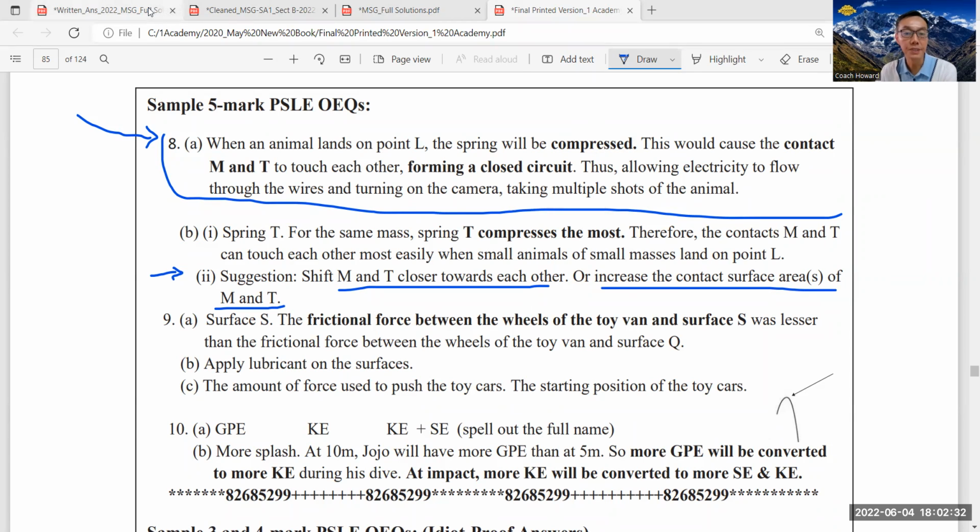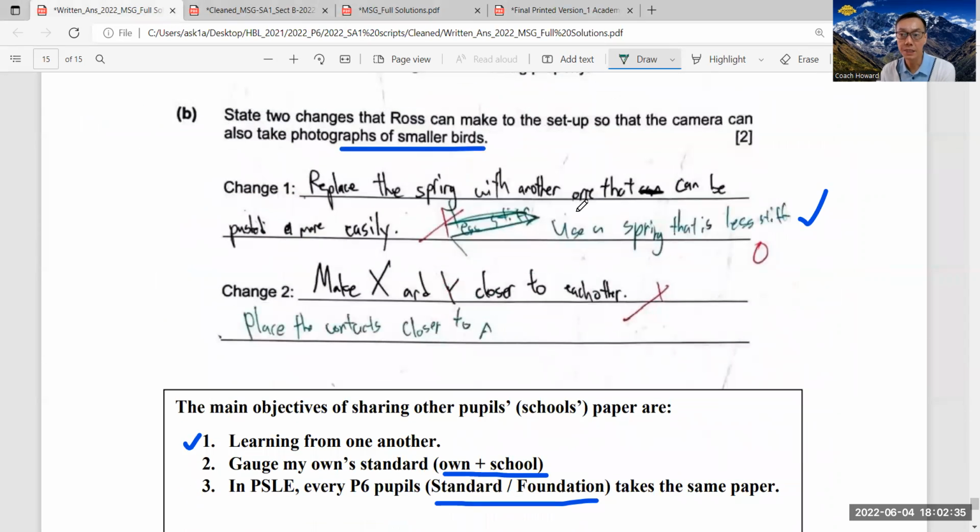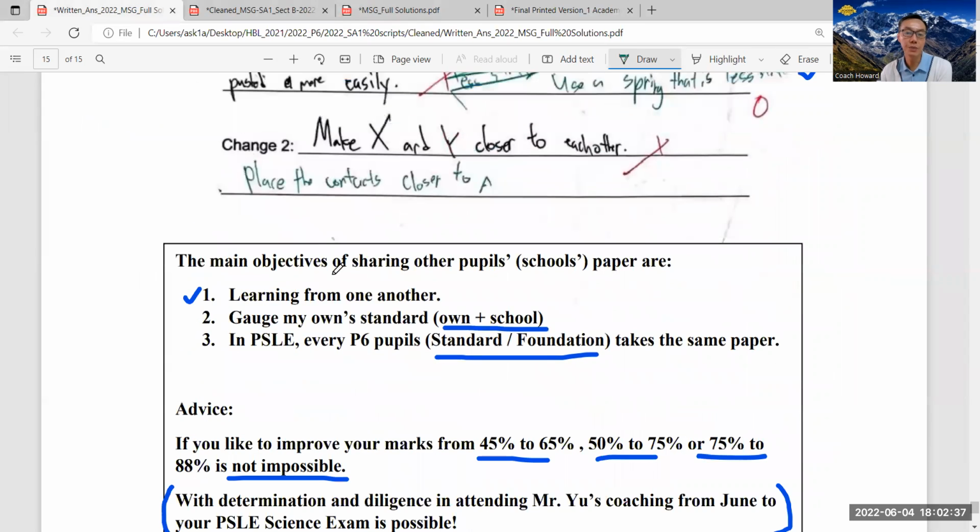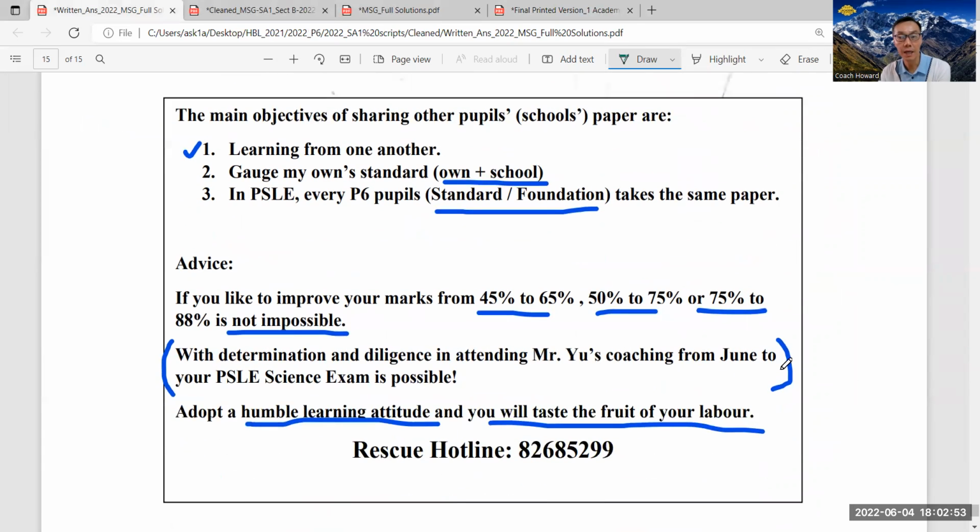Okay, come back to this question. So the main objective of today's exercise is to learn from one another. And then you can also gauge your own standard against the other school's standard. Because in PSLE, every pupil from either standard or foundation will take the same paper. So my target and my advice to every one of you, because we have about 15 weeks left to improve on our answering ability.